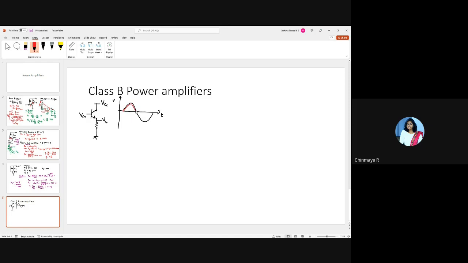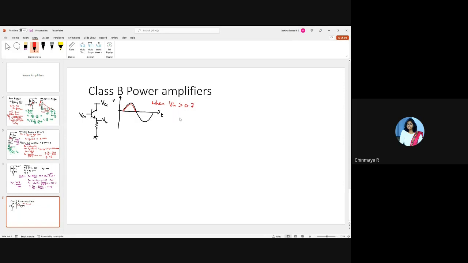And here again it will turn off, when VBE is not 0.7. This is with respect to the positive half cycle. When Vin is greater than 0.7, then only the amplifier is on. Otherwise, it is off.